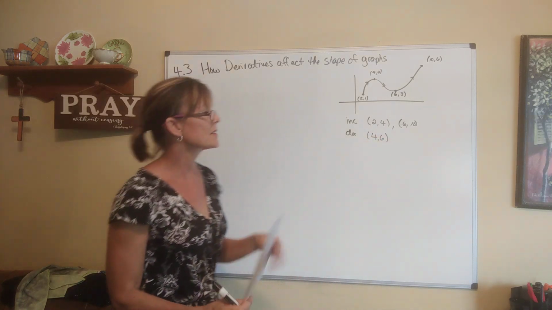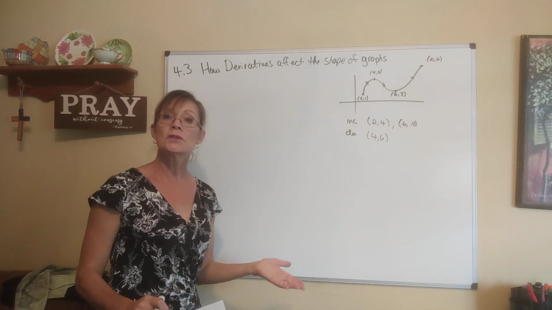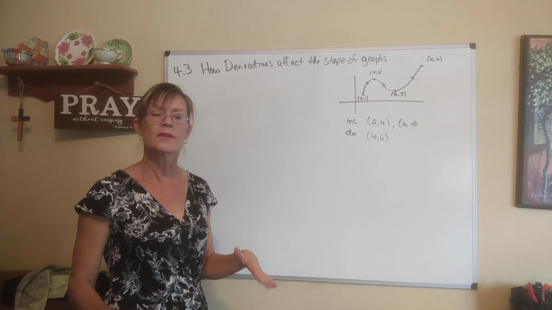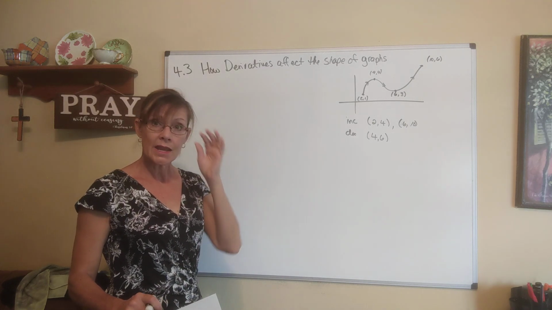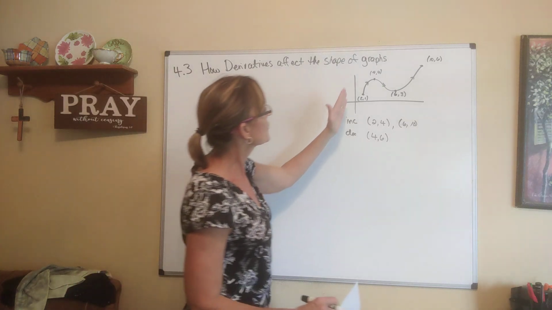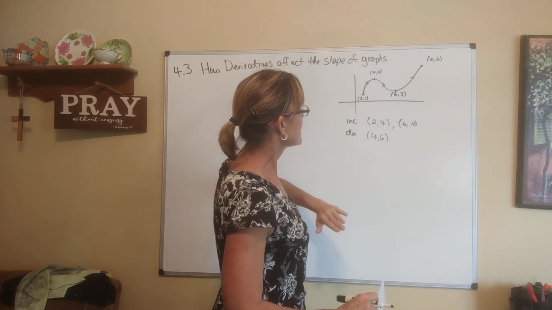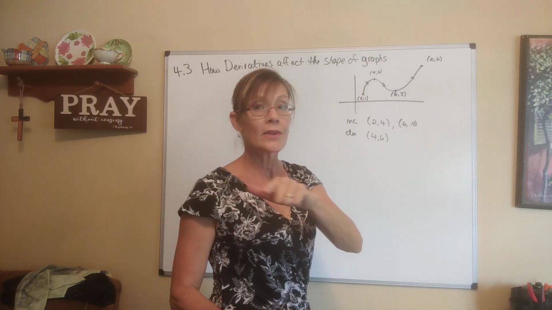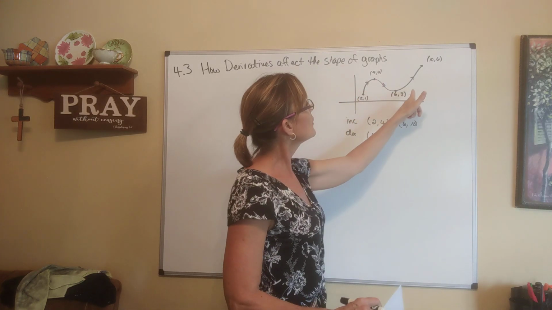Okay, so let's just make some observations about this. We also have looked at functions and how we might map their derivatives or get a graph of their derivatives. We know that we would do that by considering the tangent line. If we look at the tangent line here, it's positive, and the tangent line here is negative. So the derivative would be positive here and negative here, and again positive here.